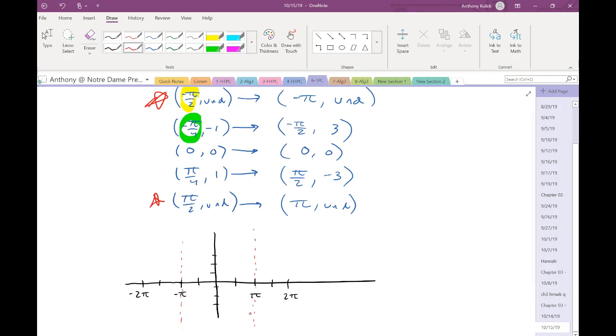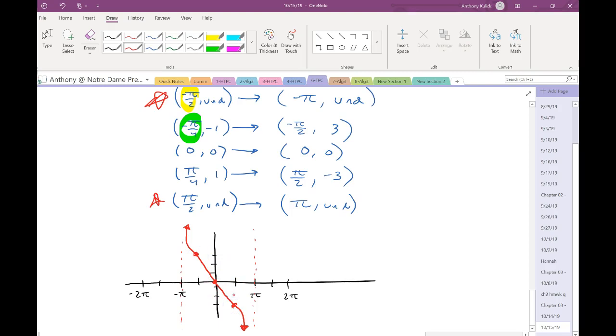Now I'm going to plot negative pi over 2 and then positive 3. So that's there. 0, 0. So that's there. And then pi over 2, negative 3. That's there. So to draw in my graph, it should look like this. Try to draw it with a little bit of curve to it. It shouldn't be just like a dead set straight line.